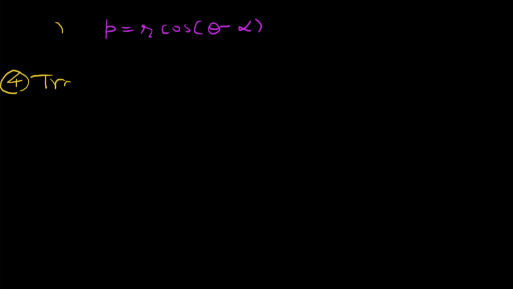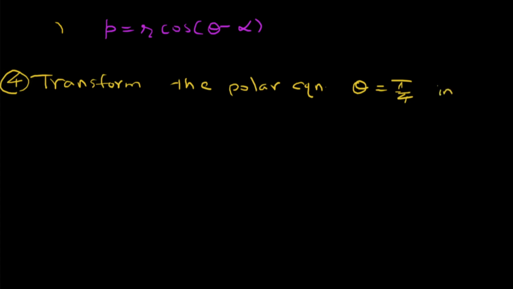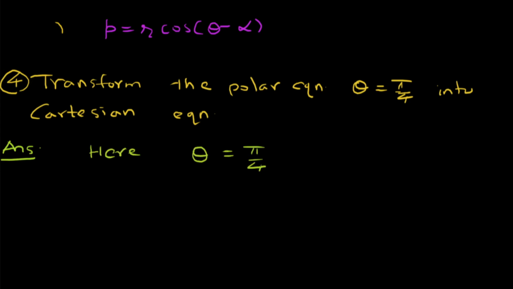So transform the polar equation theta is equal to pi by 4 into Cartesian equation. Okay, so let us do it. We are given the equation theta is equal to pi by 4, which is the polar equation.